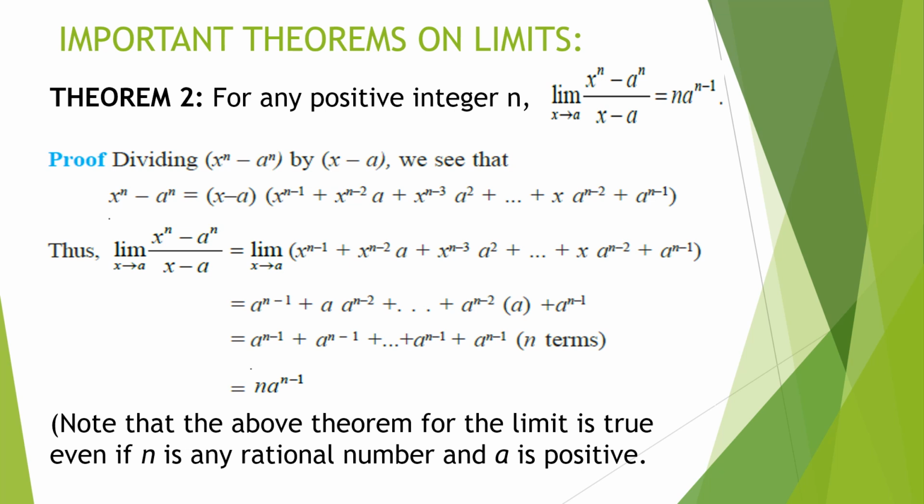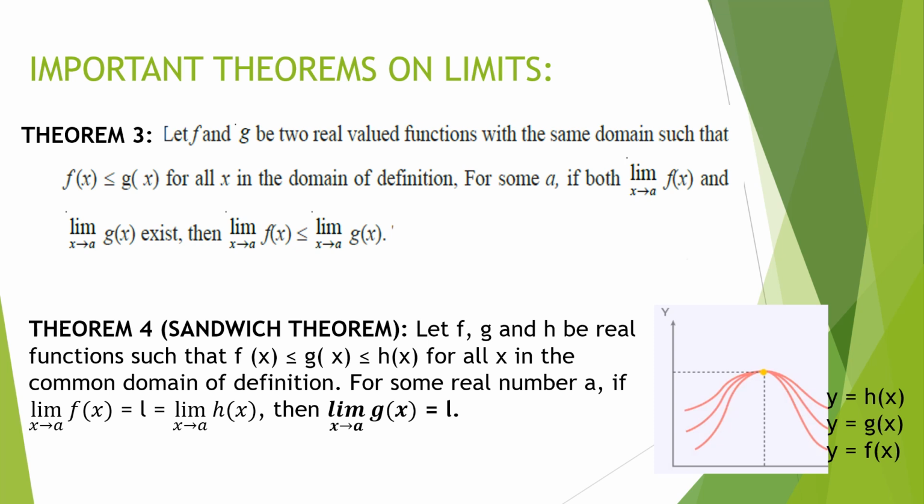Now remember, we are taking over here positive integer n, but if n is any rational number, this theorem will hold true. So for any rational number n and for a positive, this theorem will be true. Theorem 3.